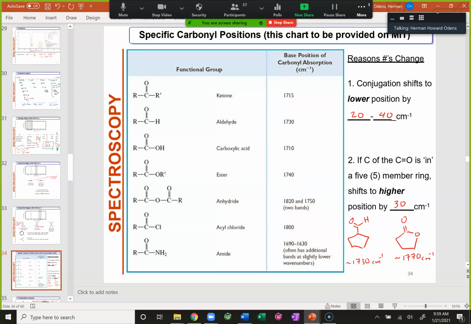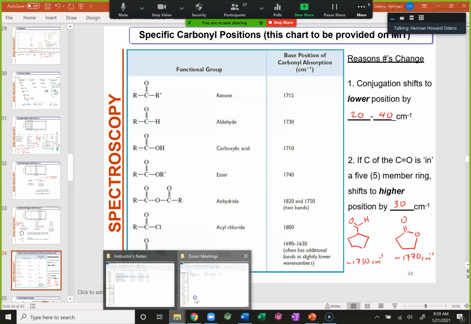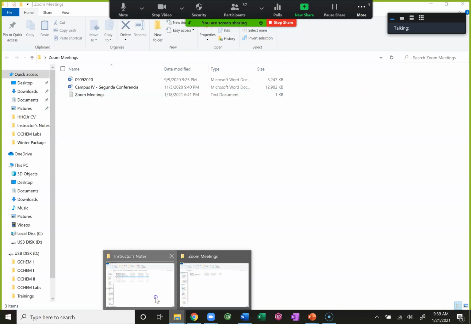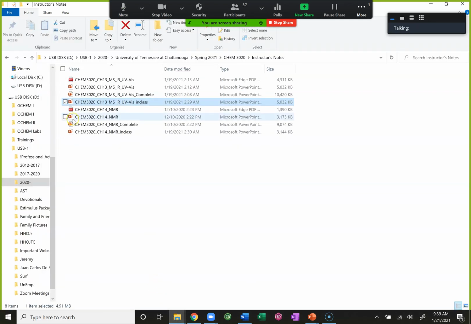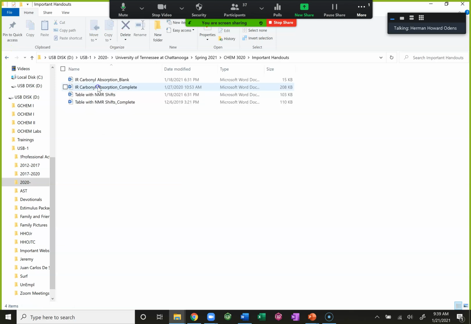All right. So I think this is the last slide where I stopped last time, and we have a little worksheet here that I usually give to my students. Let's see if I can find it real quick. All right, so that will be in important handouts.